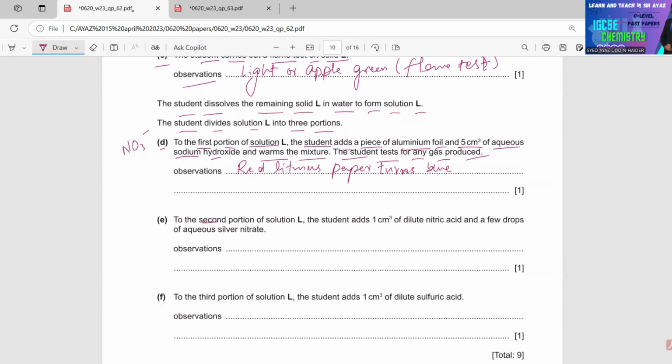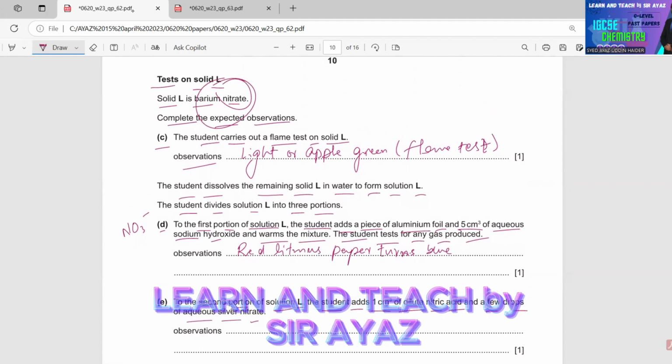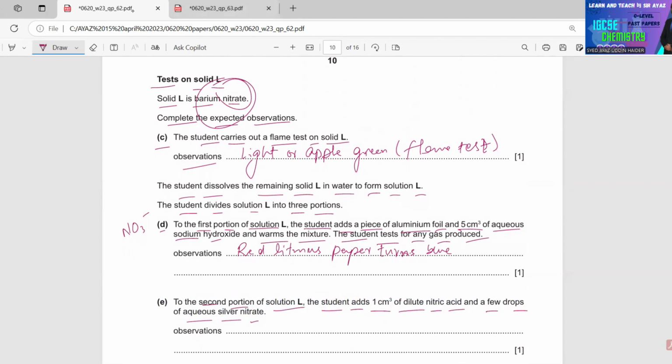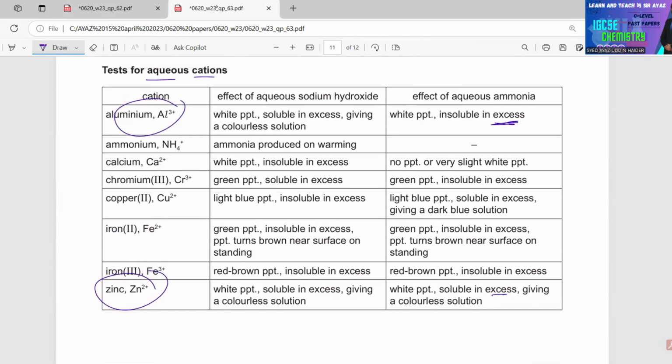E. To the second portion of solution L, the student adds 1 cm³ of dilute nitric acid and a few drops of aqueous barium nitrate. Observations. We have barium nitrate.